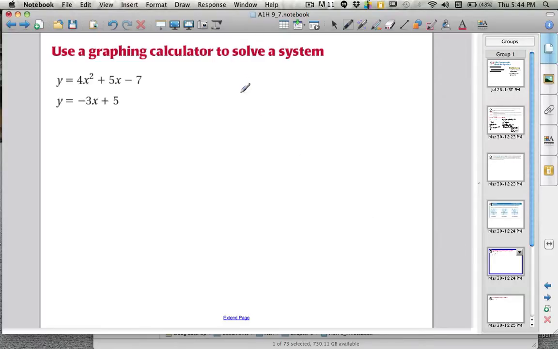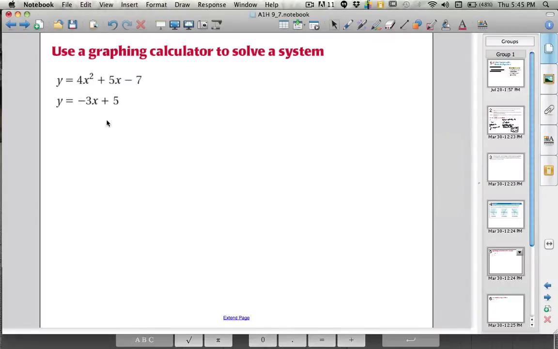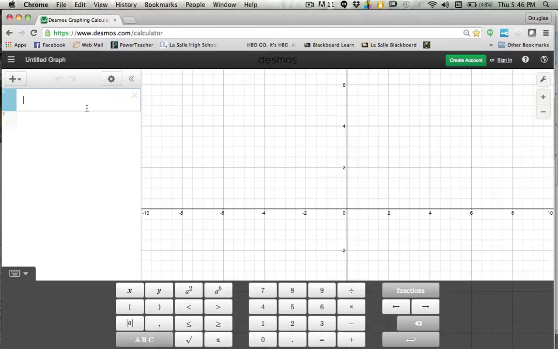Okay, if I wanted to use a graphing calculator to solve a system, I would probably want to go ahead and pull up my Desmos graphing calculator. And I'm going to take my equations and put them into my Desmos graphing calculator. So I'm going to have y is equal to negative 3x plus 5.